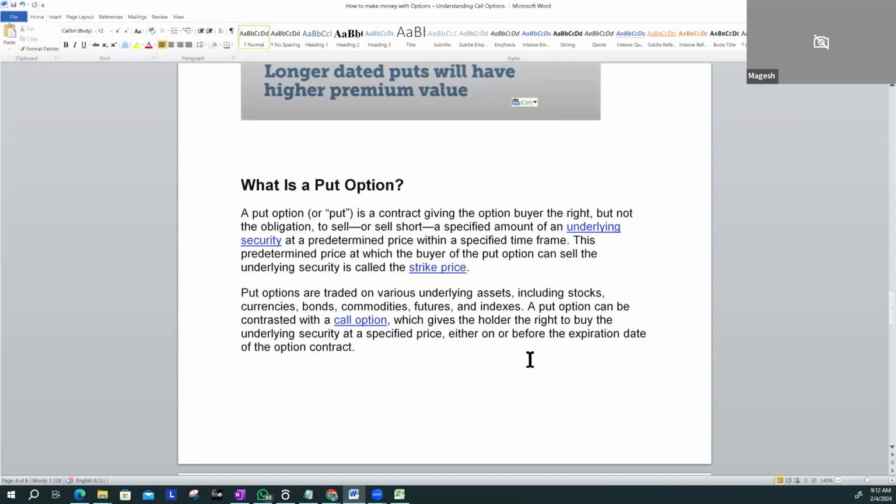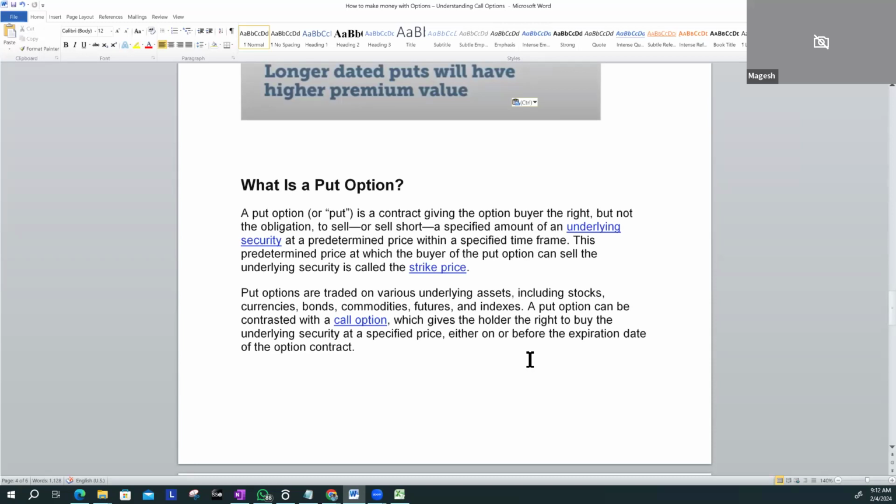Third scenario is if it goes down, say it crashes to 150, then you have an option. Since you bought a put option, you have the right to deliver the shares to the other person at 170. So technically, you paid $500.